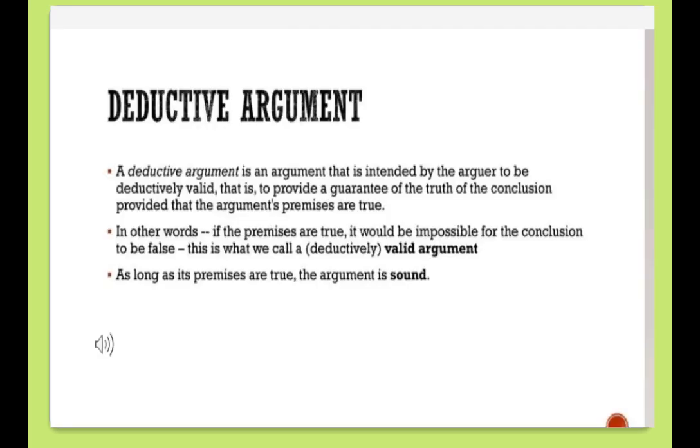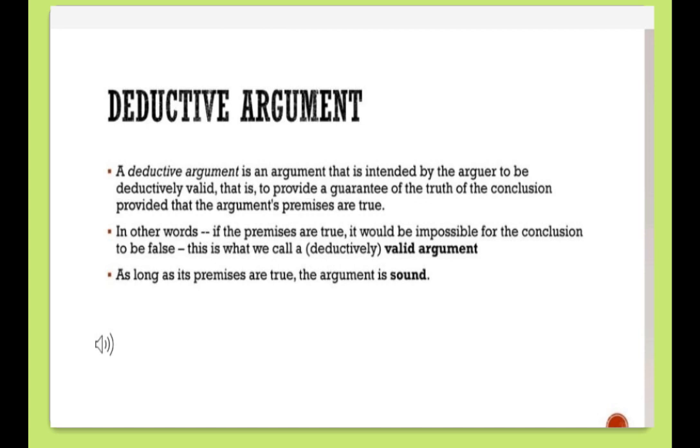The definition of a deductive argument. The first, a deductive argument is an argument that is intended by the arguer to be deductively valid, that is, to provide a guarantee of the truth of the conclusion provided the argument's premises are true.